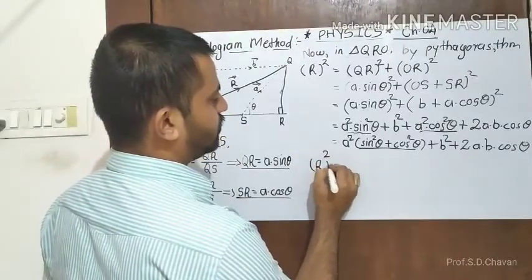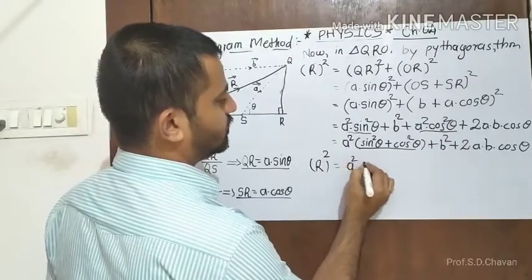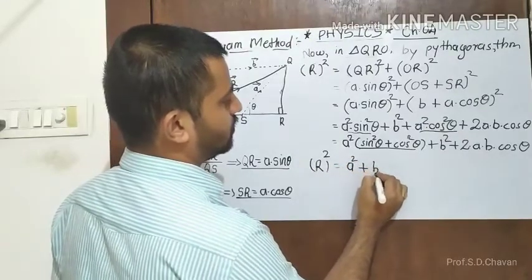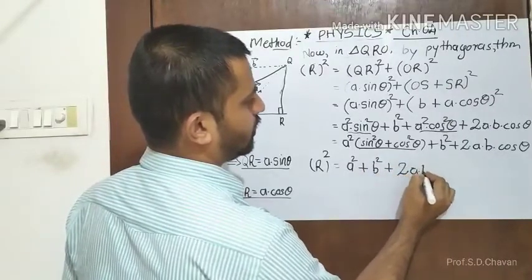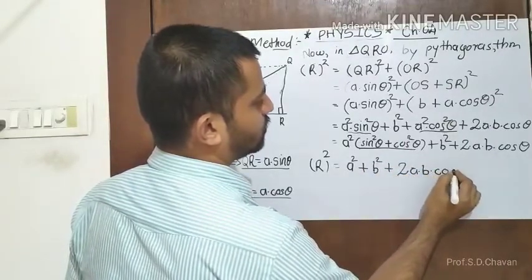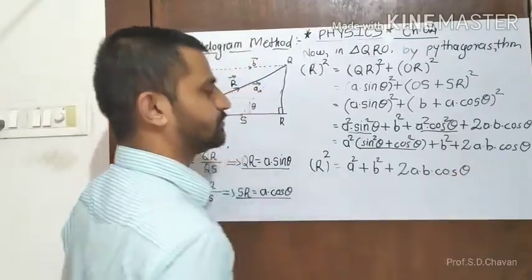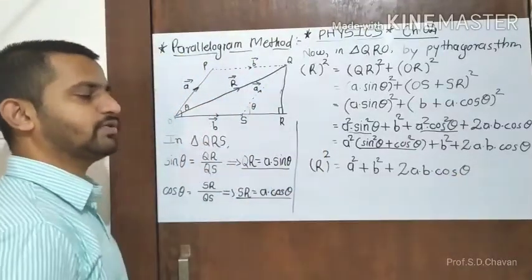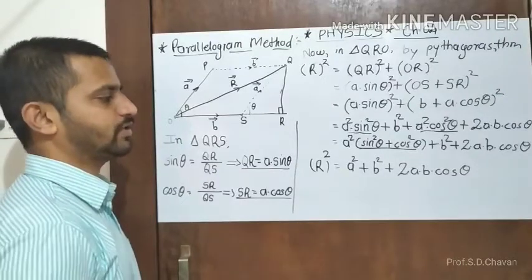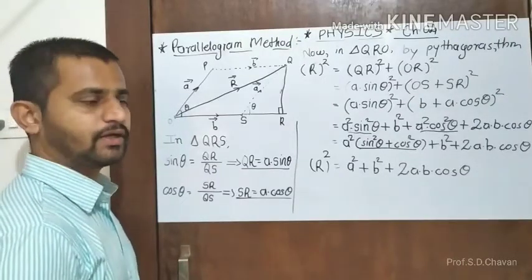So we will get R square is equal to A square plus B square plus twice AB cos of theta.